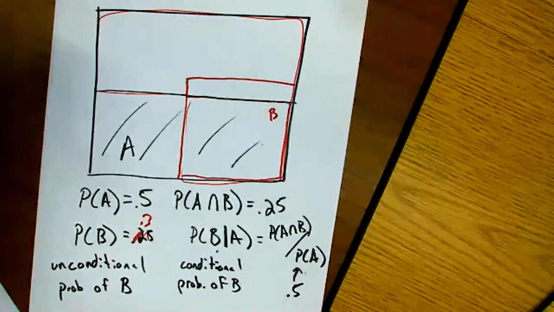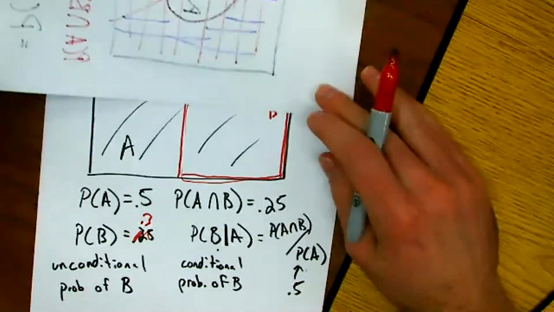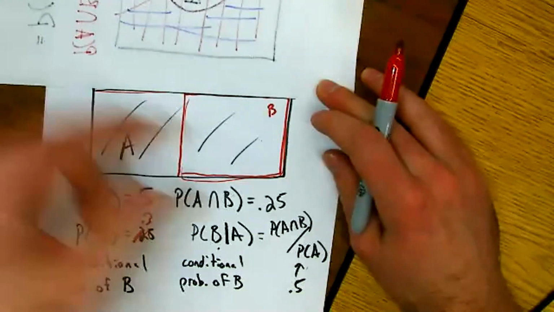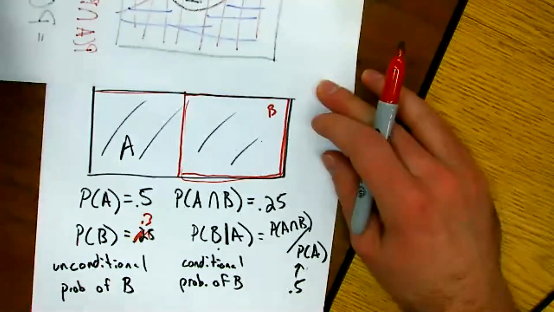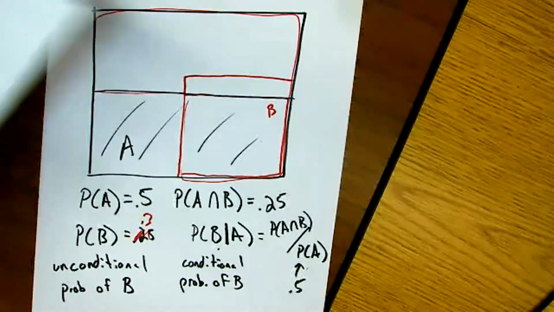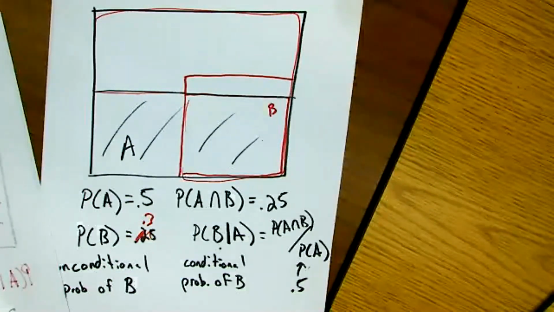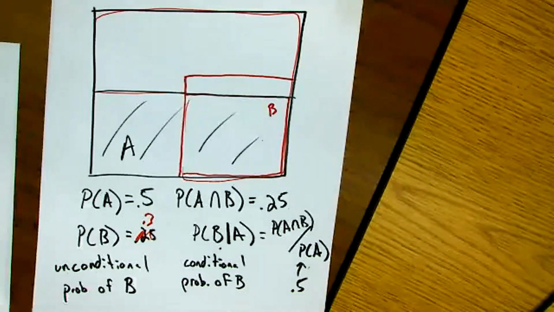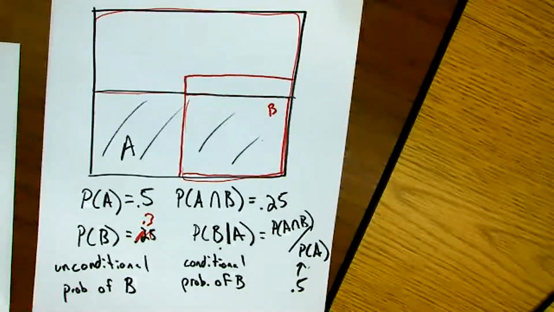Well, then it doesn't matter, because once I condition on A, I'm still back to the same thing. It just matters where the intersection of those two events is. Any questions on that before I keep moving? We're okay with that? All right.